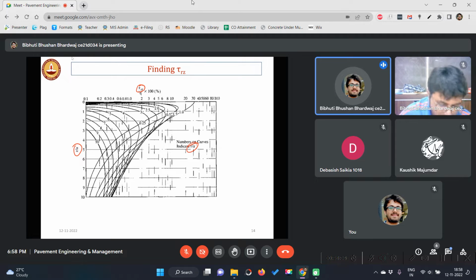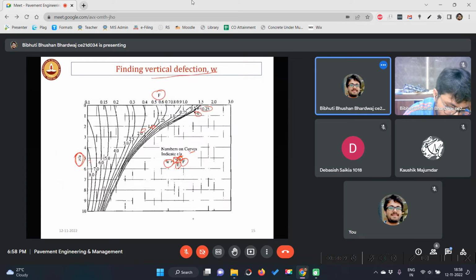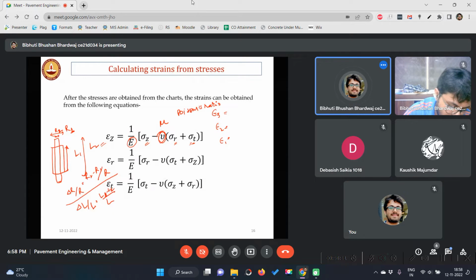I think that's not required also in the formula, right? It's not required. Leave it.